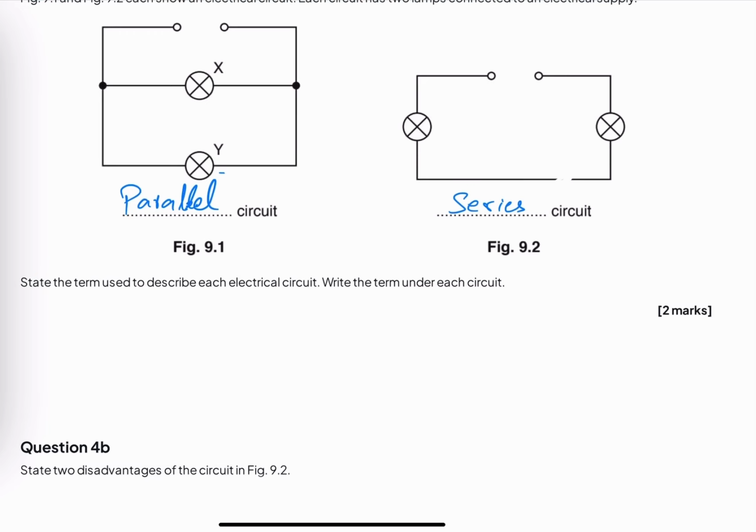And if it's working, both the lamps will be working. So one disadvantage is if one stops working, both the lamps will stop working. The second disadvantage is we don't have any control over the individual lamps. We can't switch on one lamp and switch off the second. It's not possible. Either both of the lamps will be switched on or both will be switched off.